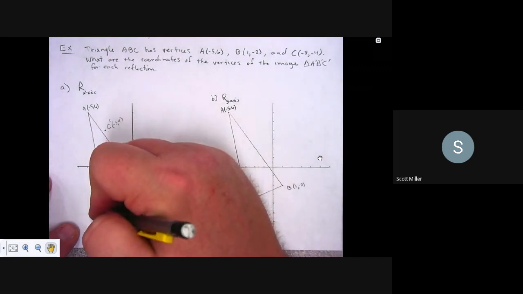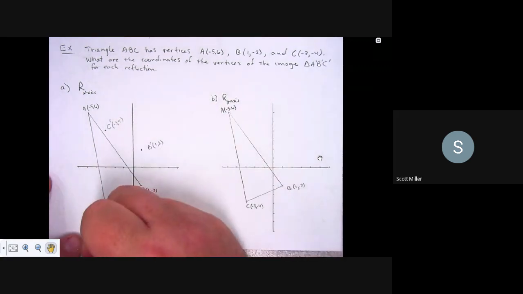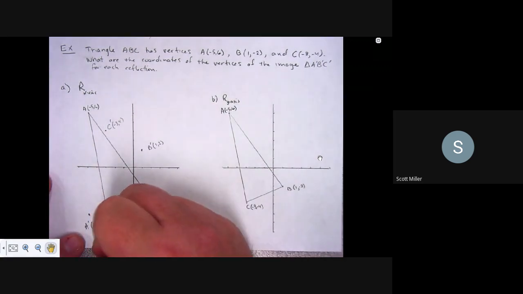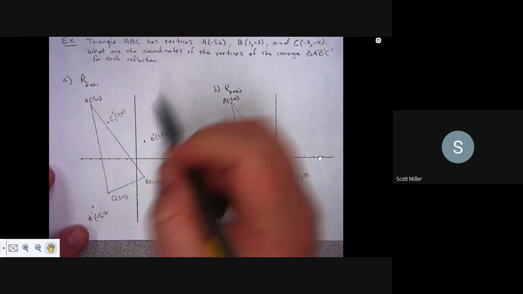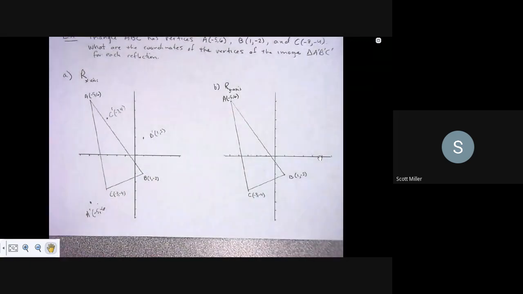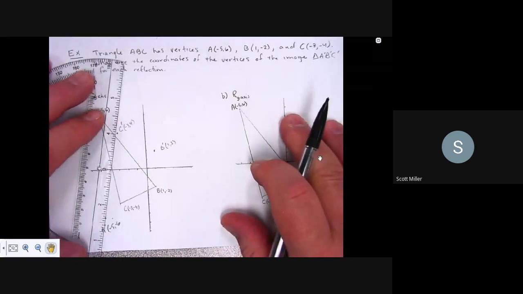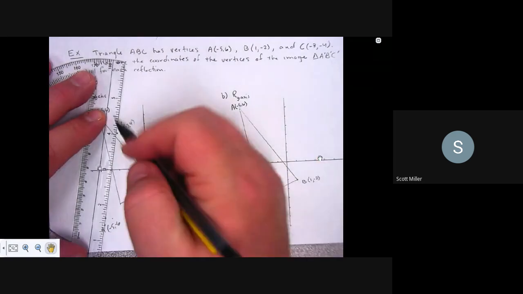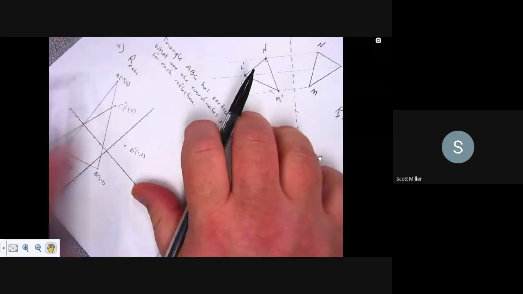Right there. And so then this is A prime, which is at (-5, -6). And then I can draw this new triangle, which will be the reflection of the other one.